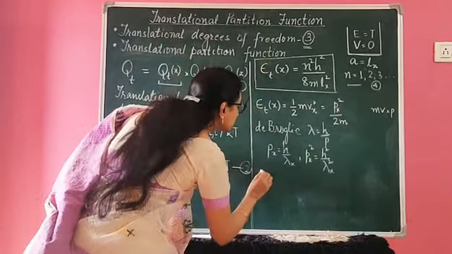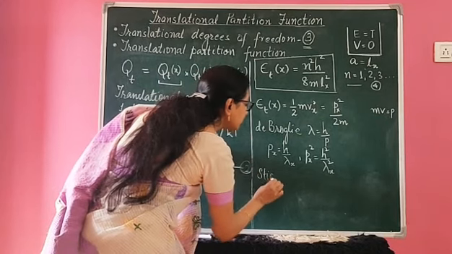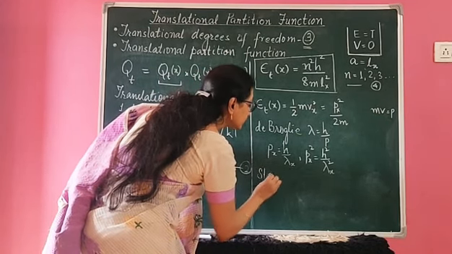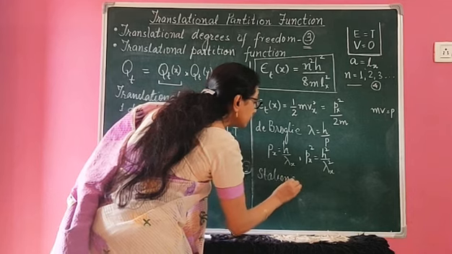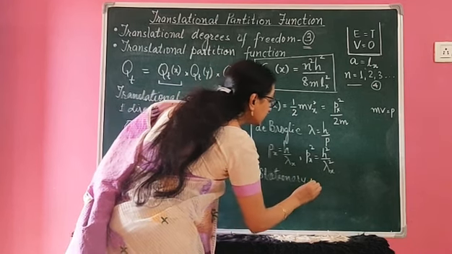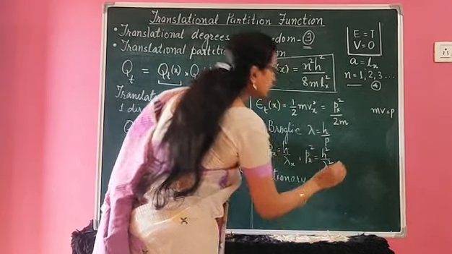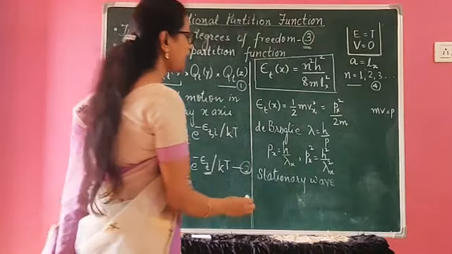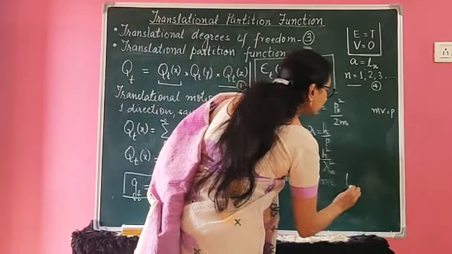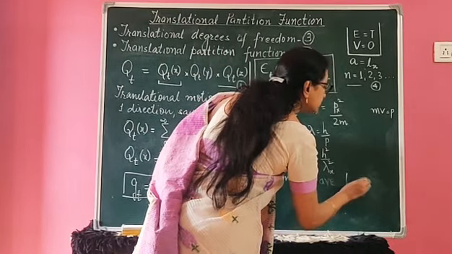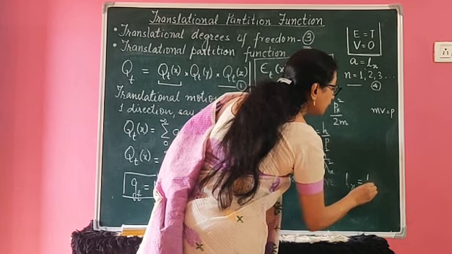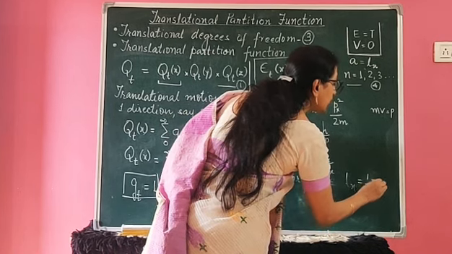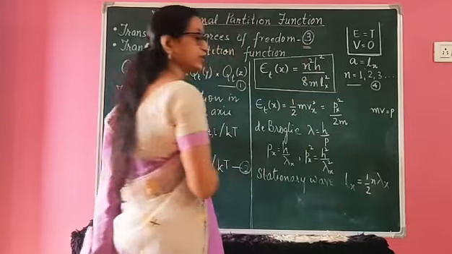Now let us consider the stationary wave. For stationary waves, the path length Lx is equal to half integral multiple of wavelength.